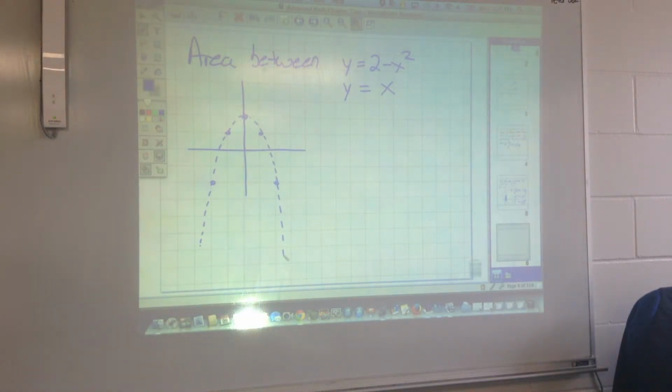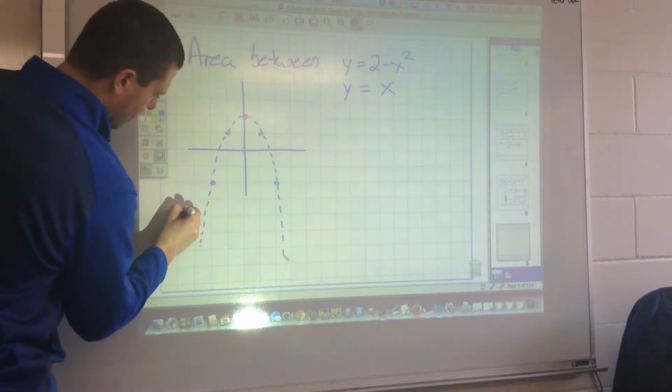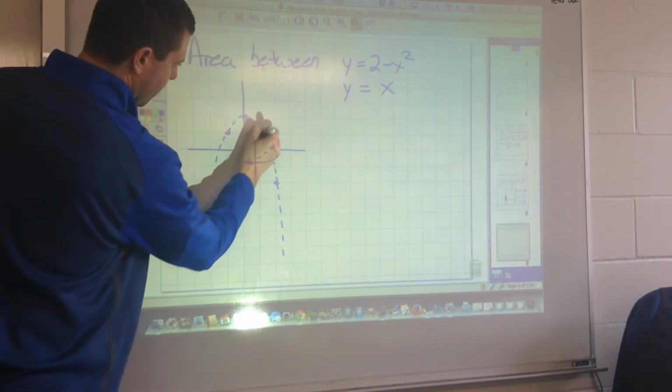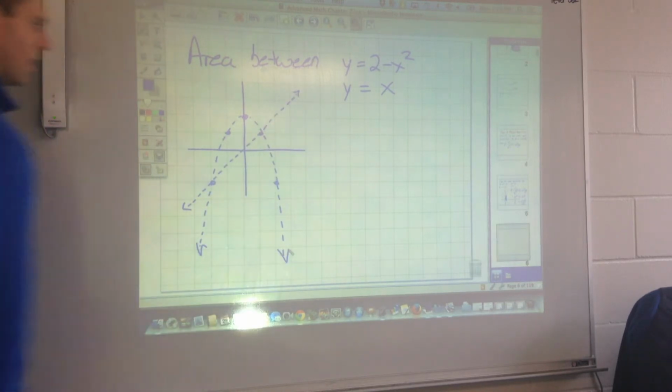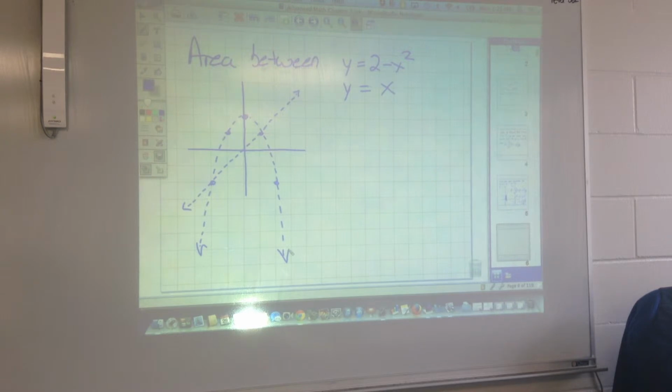So there's our y equals 2 minus x squared. Y equals x is a line with a slope of 1.